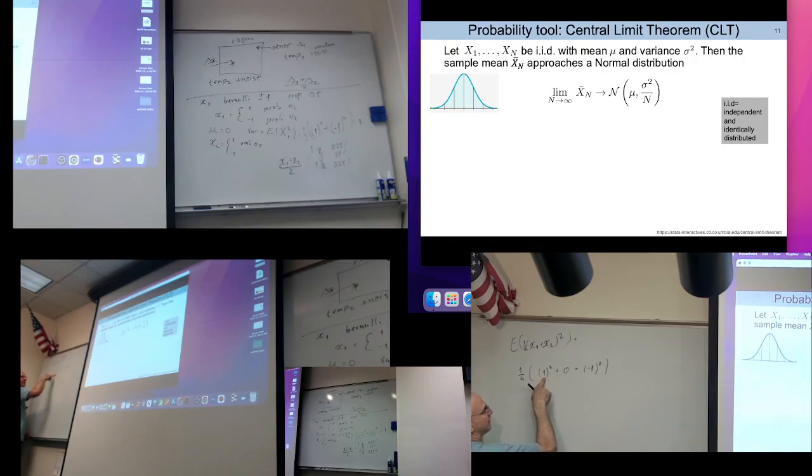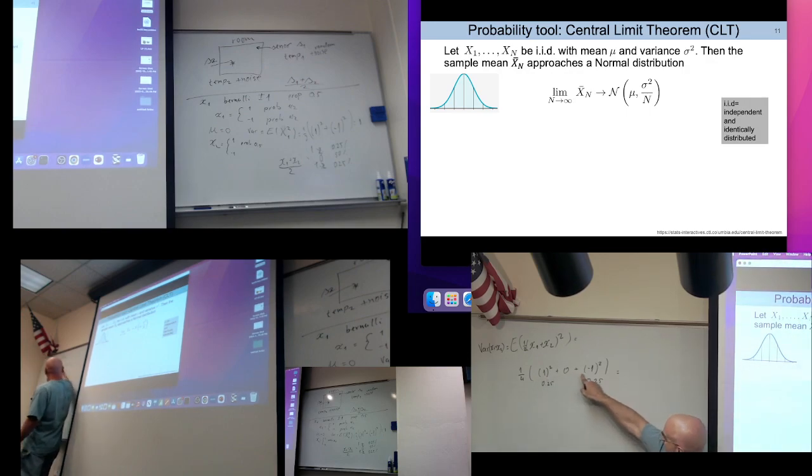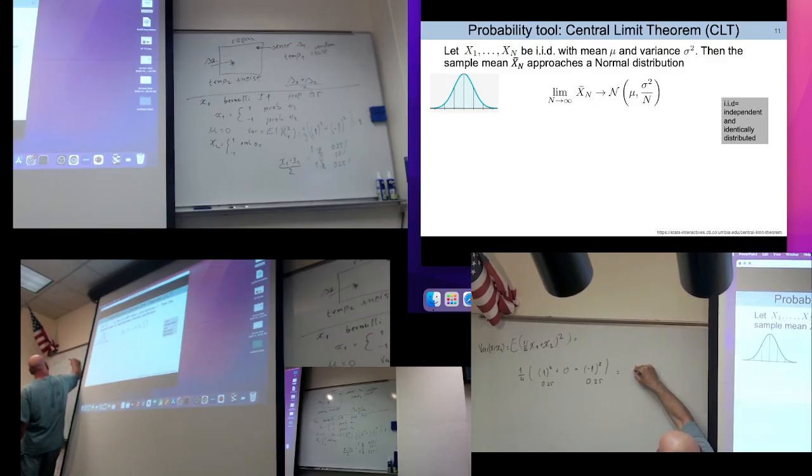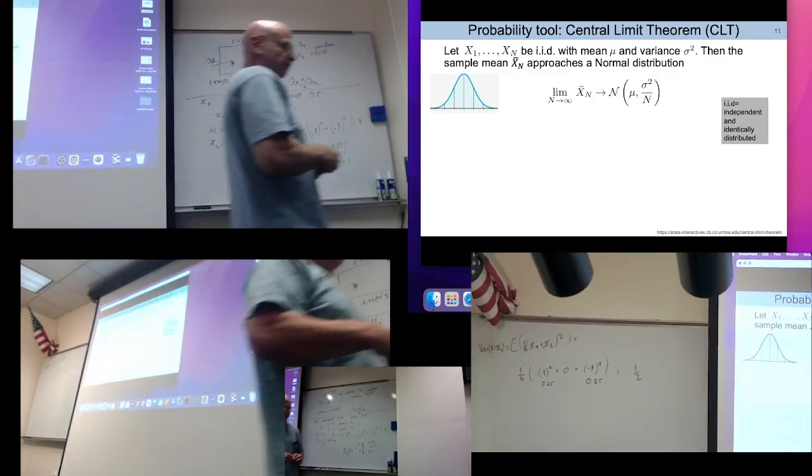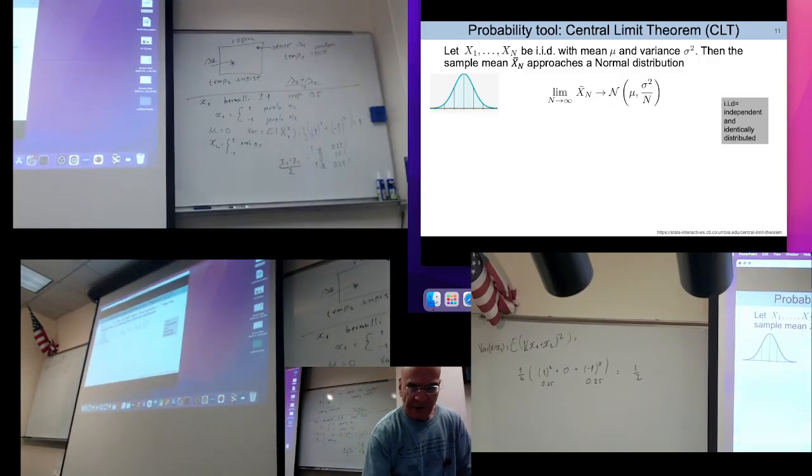Remember, that happens with probability of 0.25. That happens with probability of 0.25. So the variance of x1 plus x2 is therefore 1 plus 1 divided by 4, which is half. So it's narrower. Makes sense, I hope.